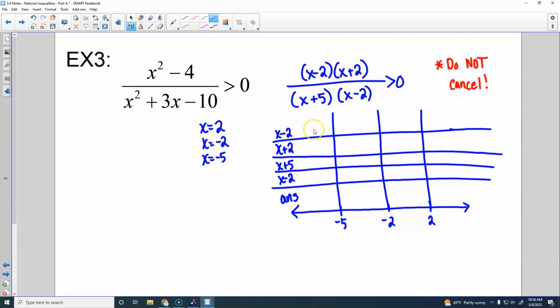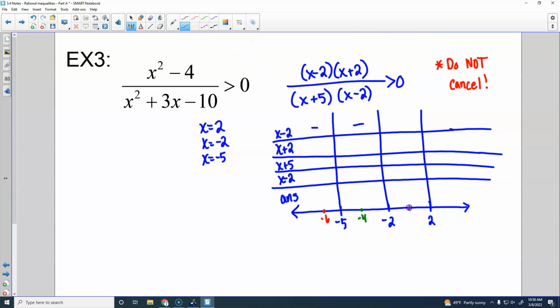So if I pick numbers to plug in here, like right here, maybe -6. -6 minus 2, it's going to give me a negative. If I pick something between -5 and -3, maybe like -4, -4 minus 2 still gives me a negative.